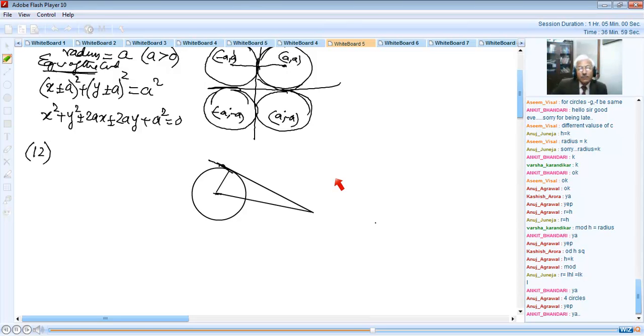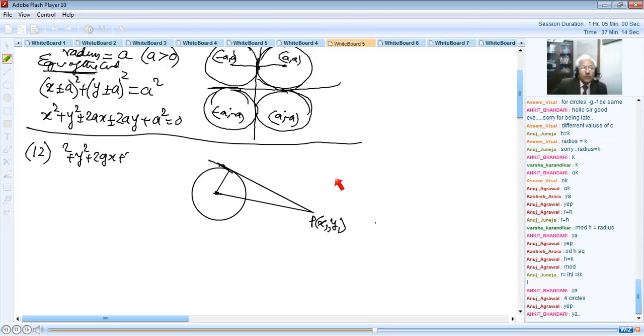I'm talking about, suppose P is an external point (x1, y1), and the equation of the circle is x² + y² + 2gx + 2fy + c = 0. PT is the tangent and C is the center. We want to find out the length of the tangent.